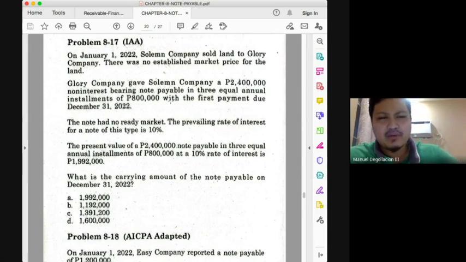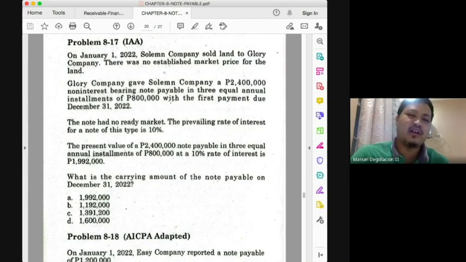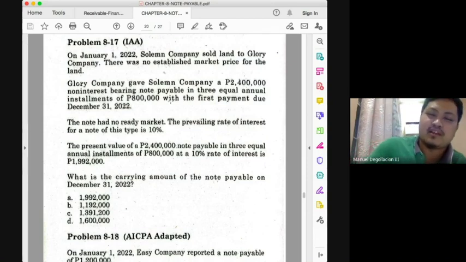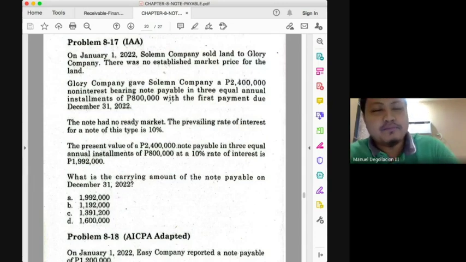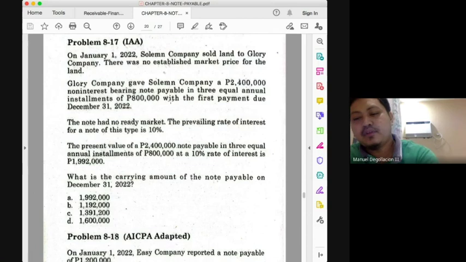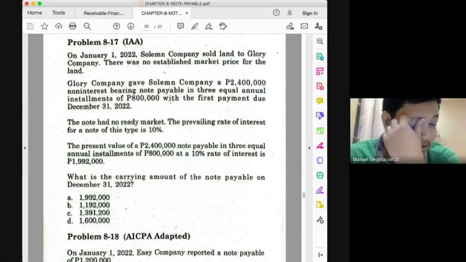But that will not be our answer, because the question is not as of January 1. The question is not for the initial carrying amount. It is for the subsequent carrying amount. And this is the third commonly asked question I mentioned, the subsequent balance of our notes payable. We begin with 1,992,000, and then deduct the payment.